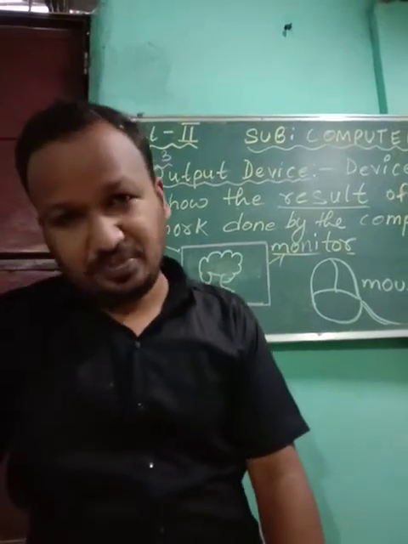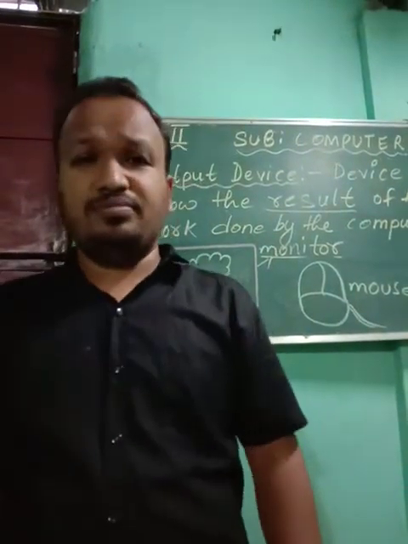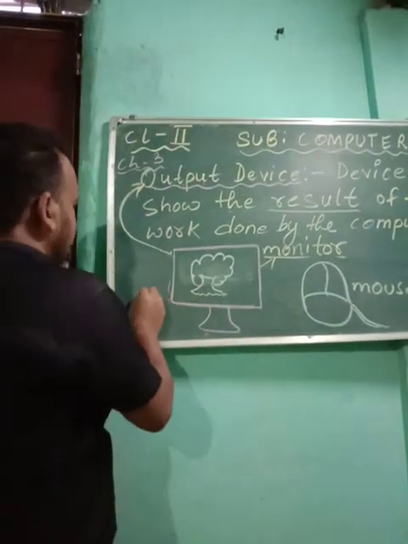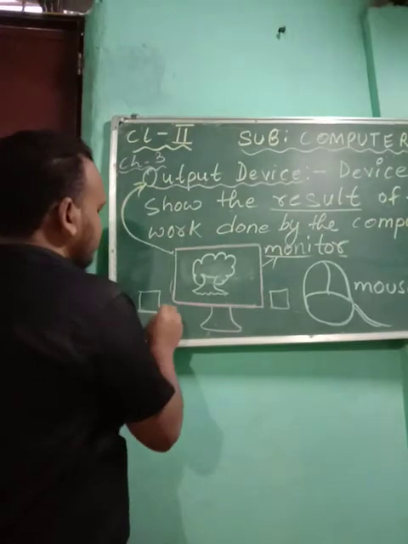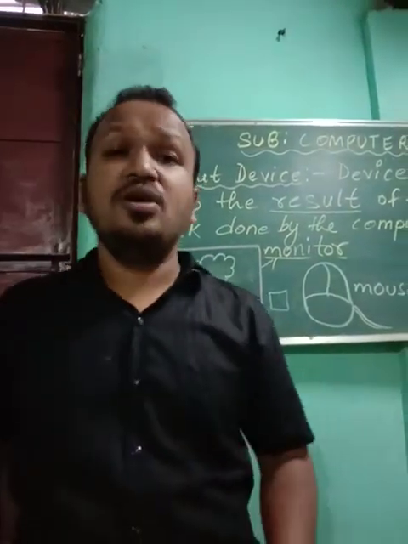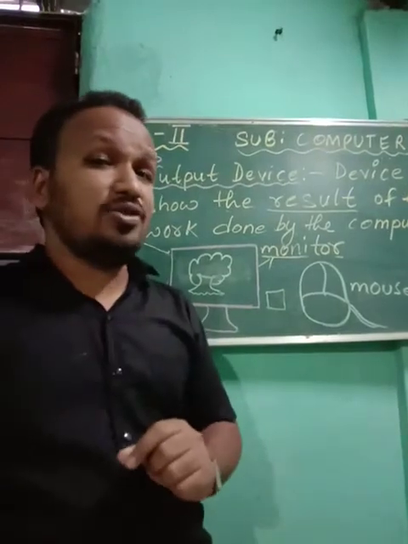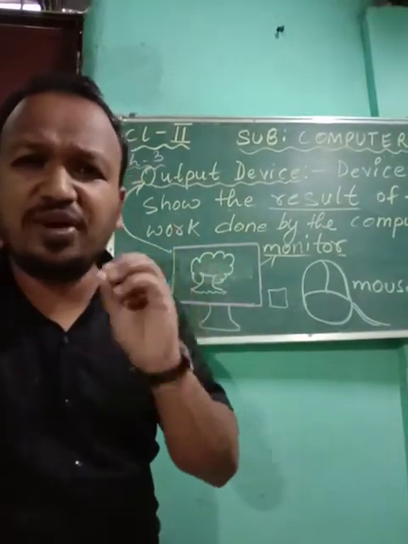Speaker. Now listen about the speaker. Suppose you want to listen to a song. There are so many computers where the monitors have a small speaker also. You have seen it in the computer lab, maybe at your home also. So when you play a song, from where will the music come?